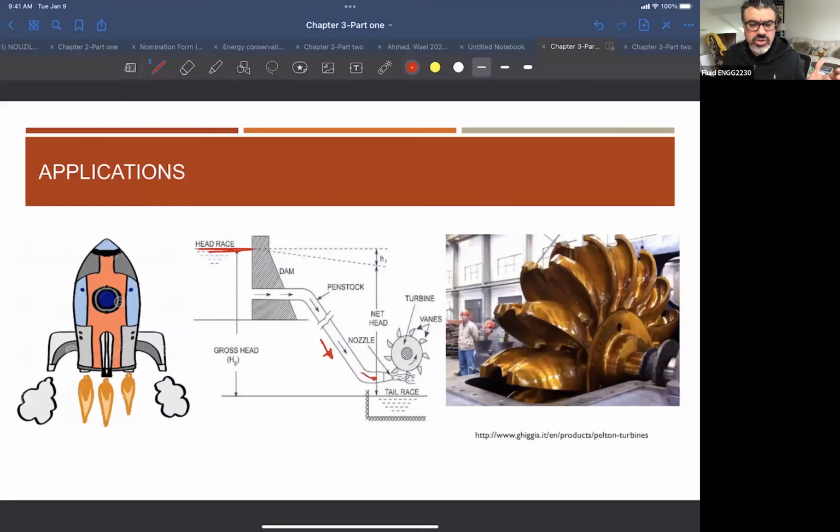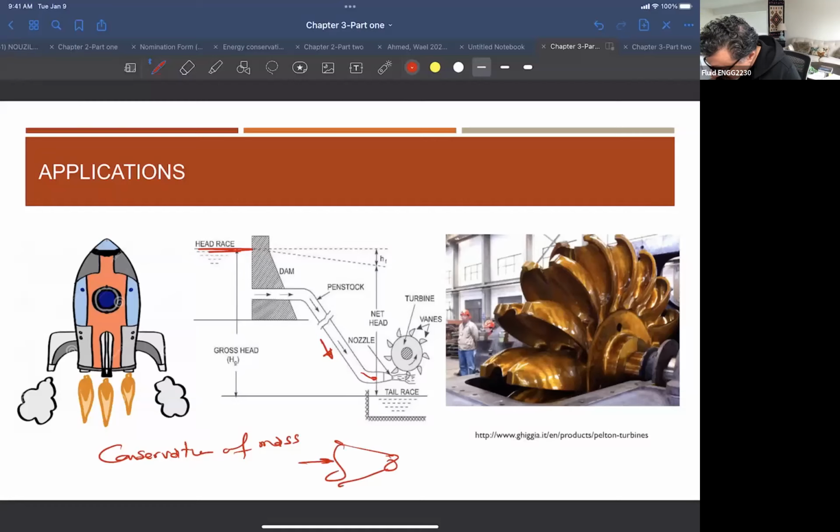Remember from the conservation of mass, if I have something like this, and this is Q in, and this is Q out, and this is a constant density fluid, A V out is equal to A V in, right?